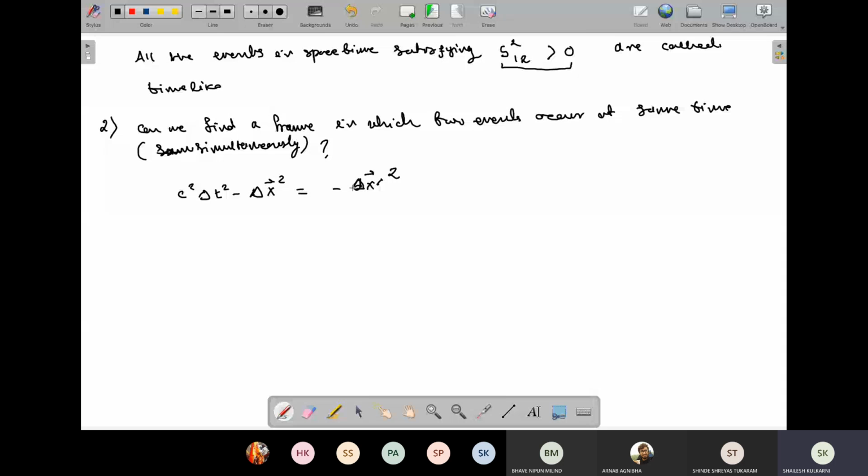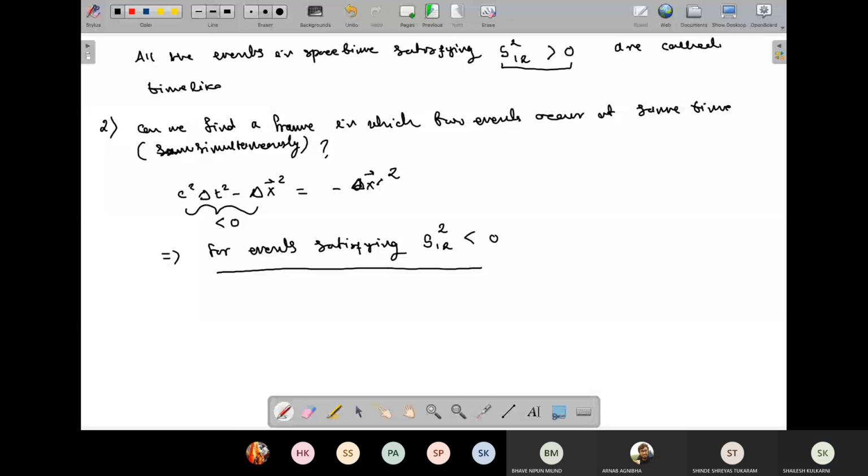Okay, so when can this happen? The right hand side is always negative, so if this is less than 0, it implies that for events satisfying S12 square less than 0, we can always find a frame in which these two events can be made to occur at the same time.